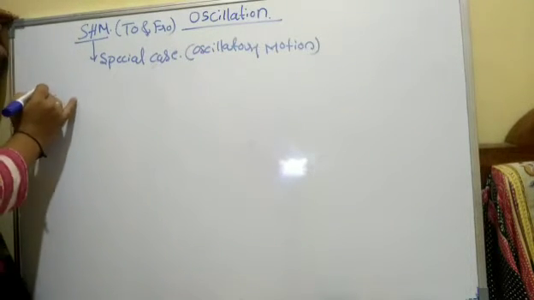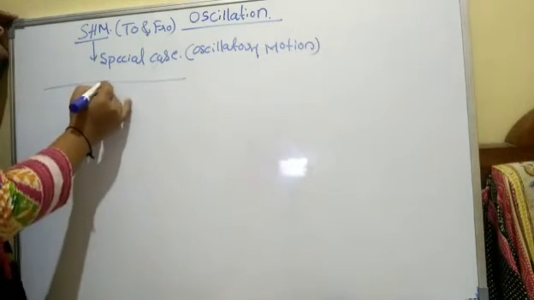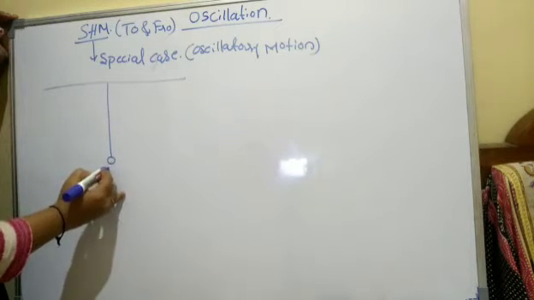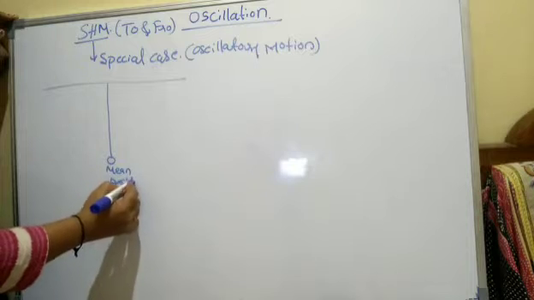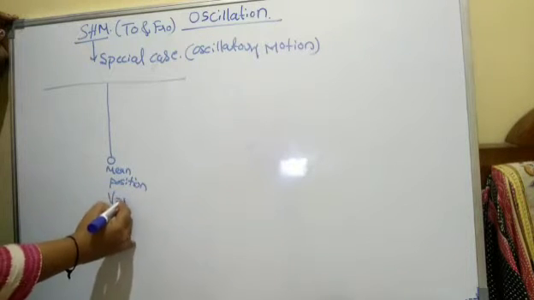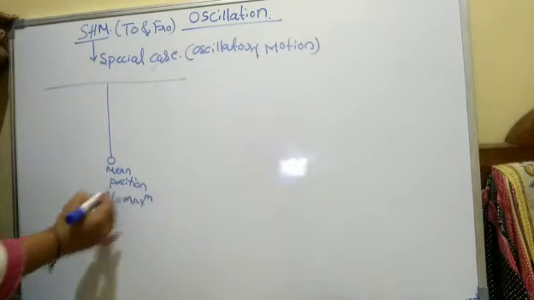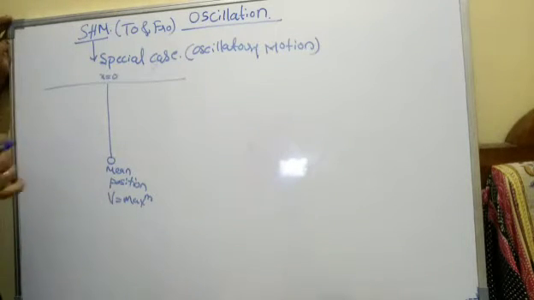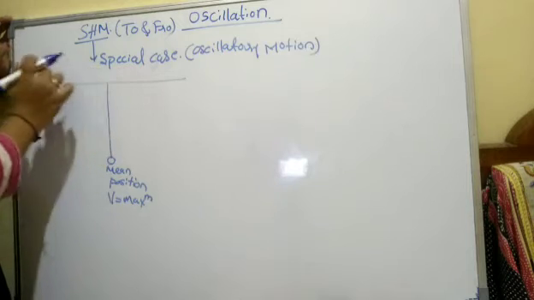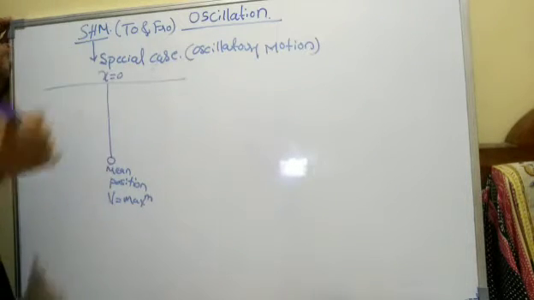As we know, if you go ahead with the simple pendulum, this is the mean position where its velocity is a maximum, and this position we can say x is equal to 0. Once again I will write it in a bigger form.